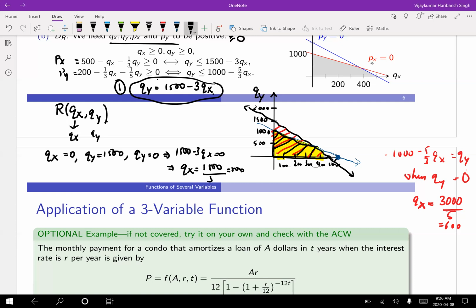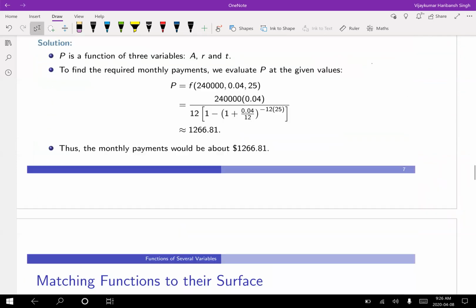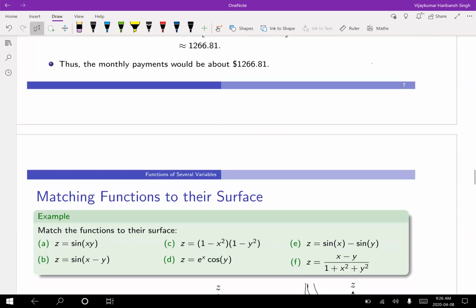Yeah, so this part inside, which is shaded in yellow, is the domain of your function. Okay. So similarly, you can have more applications.